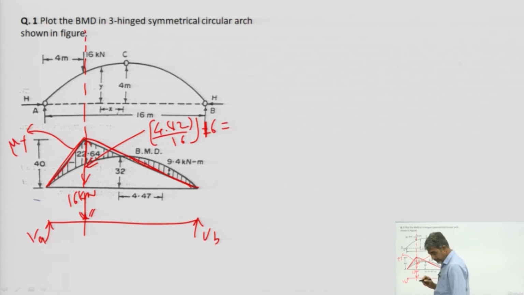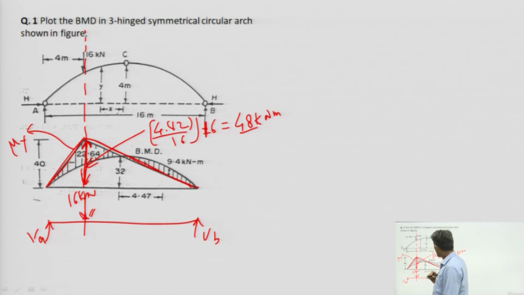So, this value is 48. The total beam moment has the ordinate as 48 kilonewton meter at the load point.